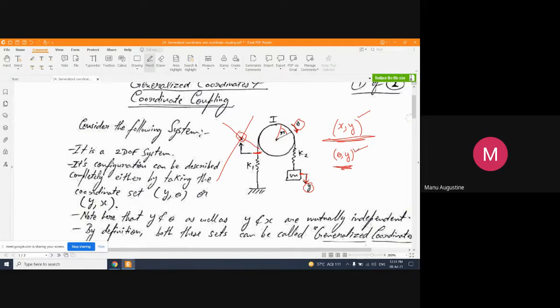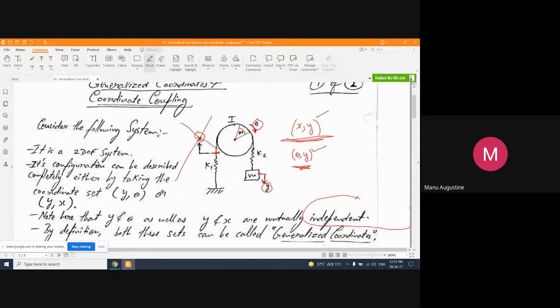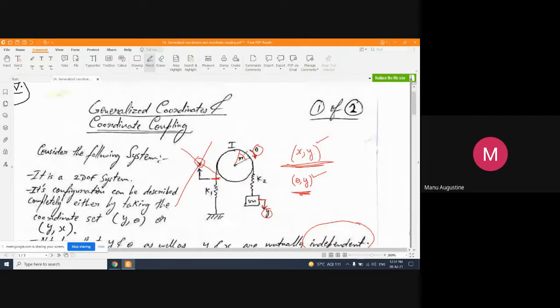And by saying mutually independent, please remember that it does not mean that on producing some displacement in theta, you will never get a displacement in y. That also occurs, but that does not necessarily mean that every time I produce a displacement in theta, I will always get a displacement in y.